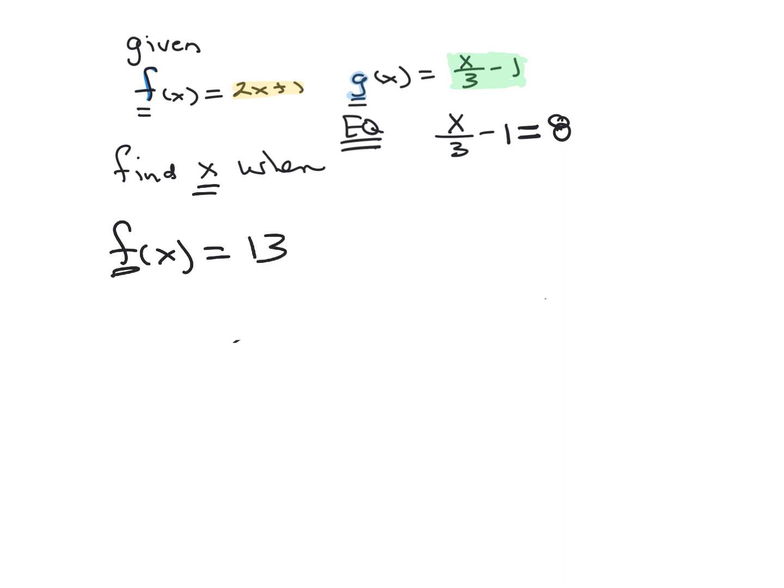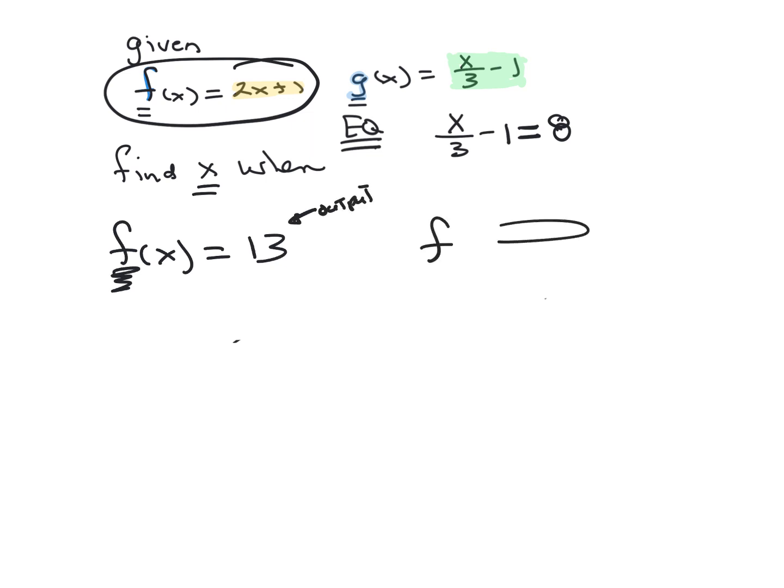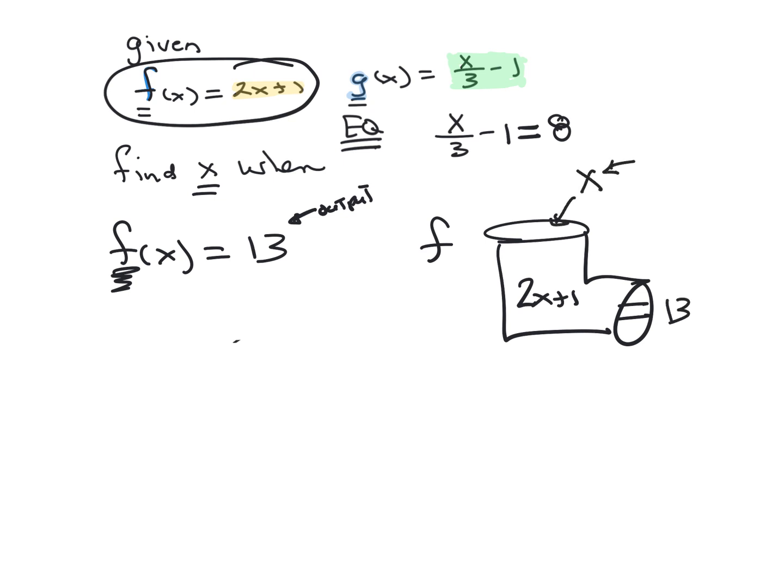So we're using the F machine, so that means we're using this problem, and 13 is the output. And they want us to find the input. So F is the function. The rule of the machine is 2x plus 1, and they want us to get 13 out. And so they want to know what would you have to put into the machine? What would the input be to get 13 as an output?